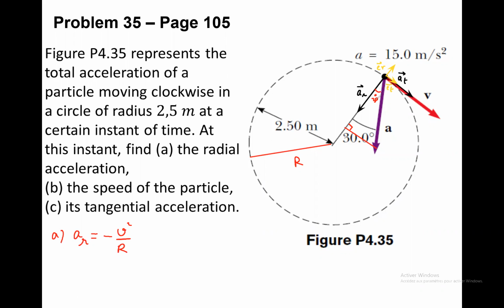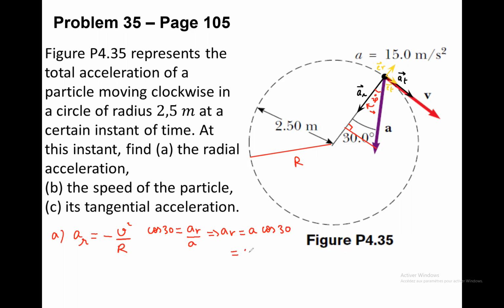So cosine of the angle equals AR divided by A. Cosine of the angle equals the adjacent side divided by the hypotenuse A. So cosine 30 equals AR over A, so A radial equals A cosine 30.